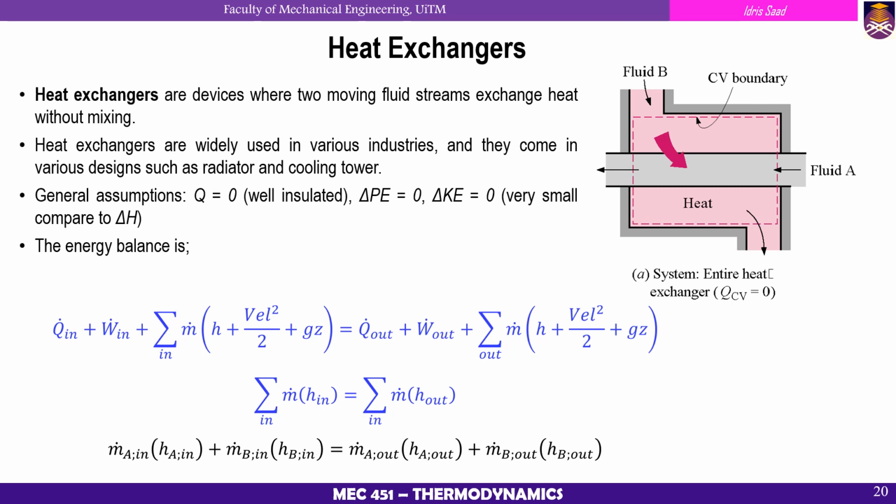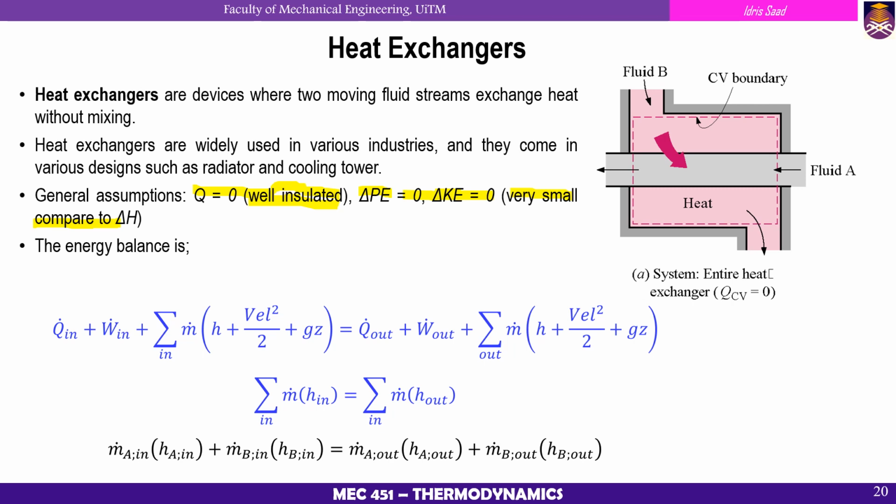Heat exchangers are widely used in various industries and come in various designs such as radiators and cooling towers. The general assumption for the heat exchanger is Q is equal to 0. So normally the whole system is well insulated, and delta KE and delta PE are equal to 0 because their magnitude is very small compared to the change of enthalpy.